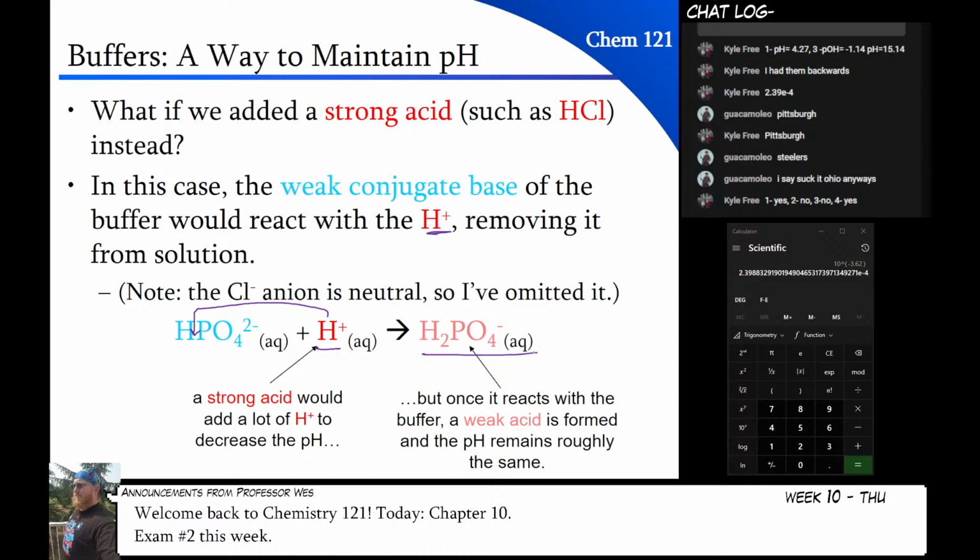So if you have consumed something acidic, such as, say, a soft drink, and a little bit of that acid gets into your bloodstream, it's not a problem because the buffer will neutralize it, and the pH will change very little. Now, if you injected soda pop right into your veins, that'd be very, very bad, obviously. Don't do that.